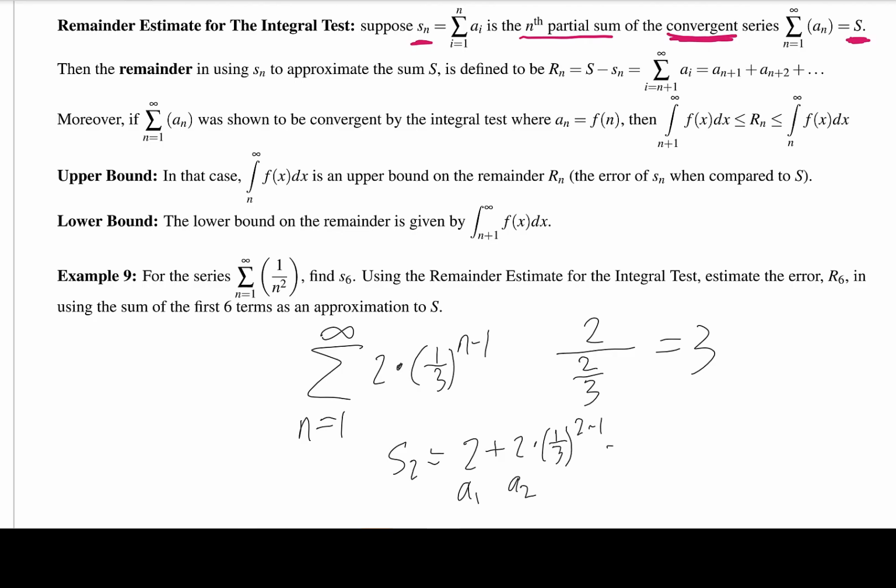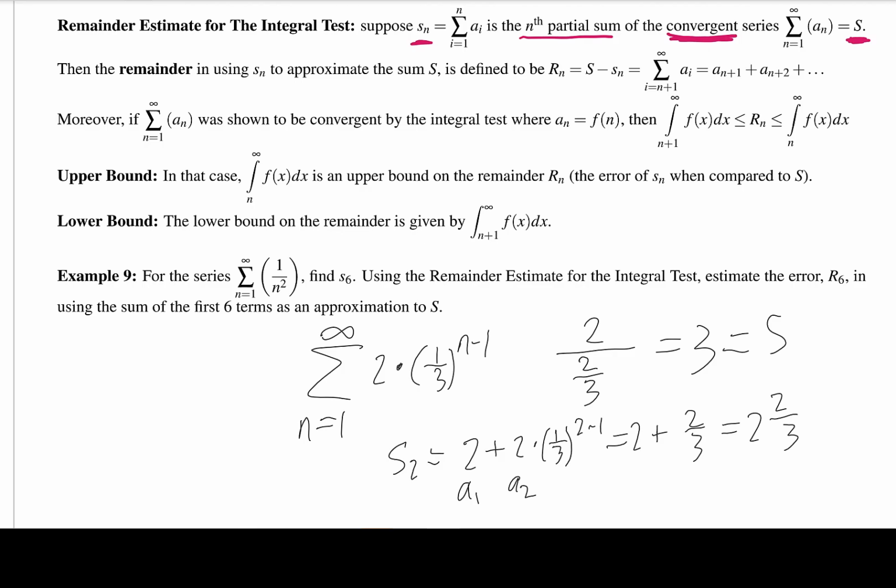And so that's going to be 2 plus 2/3, which is like 2.666 repeating. Let's just call it 2 2/3. So notice that this is actually pretty close to the actual sum, and that it's only off by 1/3.